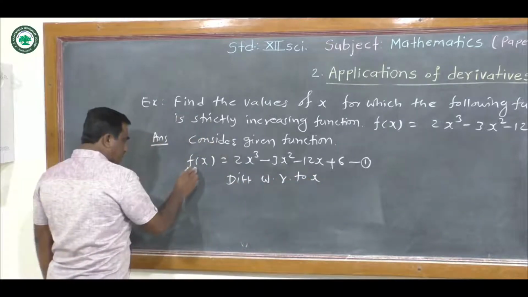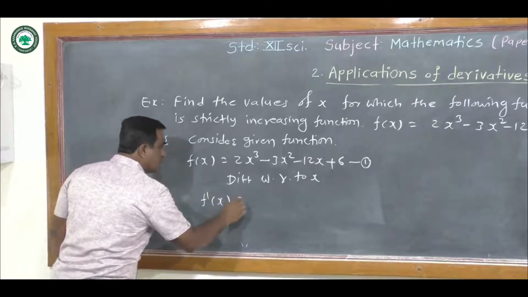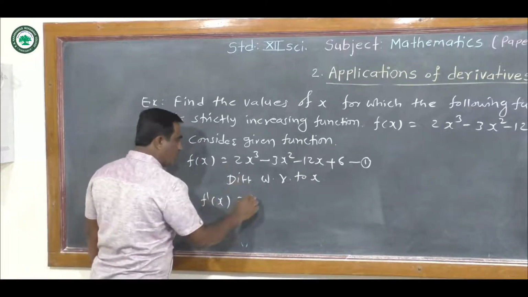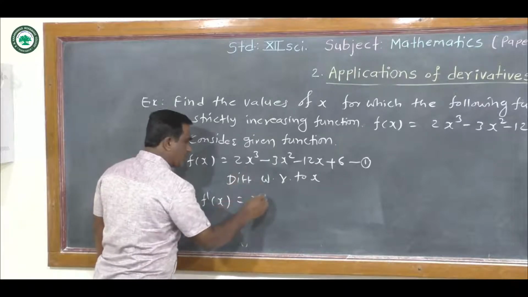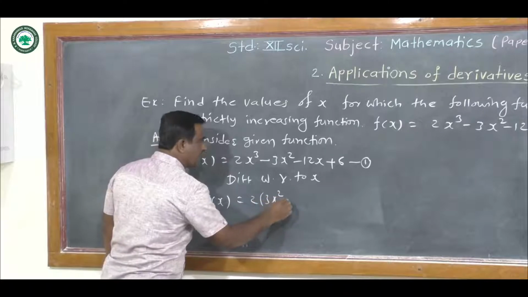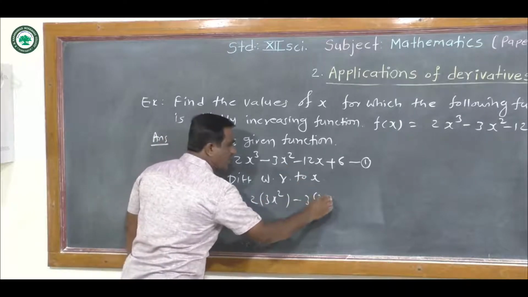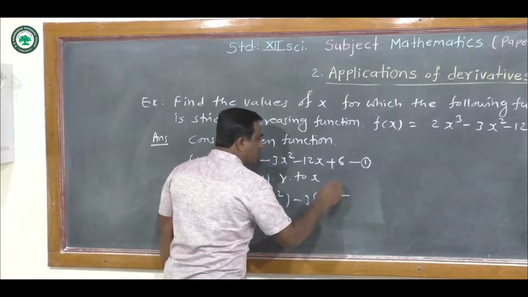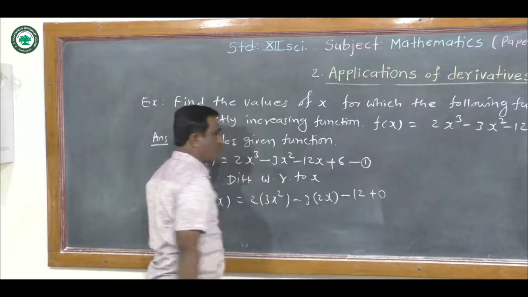Therefore, f dash of x equals 2 into the derivative of x cube, which is 3x square, minus 3 into the derivative of x square, which is 2x, minus the derivative of 12x, which is 12, plus the derivative of 6, which is 0.